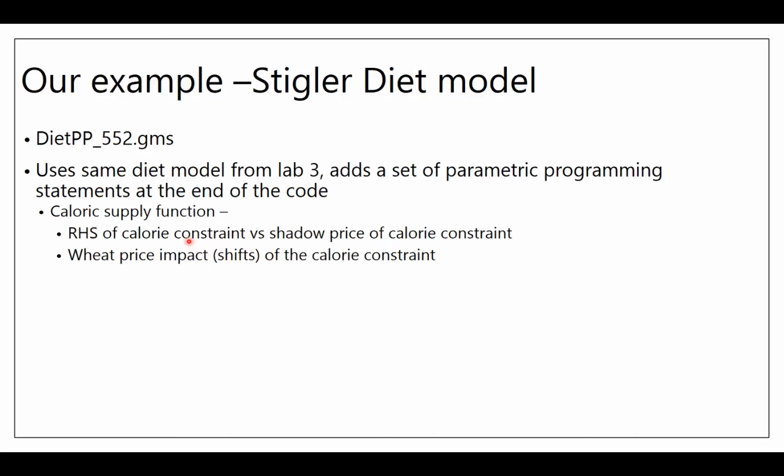We'll start from a low value and move it up, making the demand side for calories larger and larger. What we'll really be tracking is how good these foods are at supplying calories.